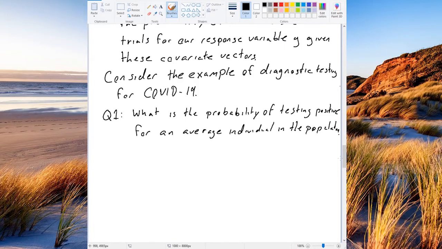Now, I talked before about how I usually center my covariates. Centering my covariates is what lets me talk about an average individual for the population here. So for somebody with measured covariate level 0, somebody who is in the middle of whatever distribution I'm talking about for whatever covariate it is that I think matters. So for somebody who is average, what's the probability of testing positive?